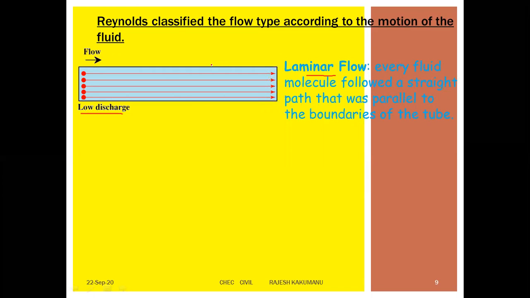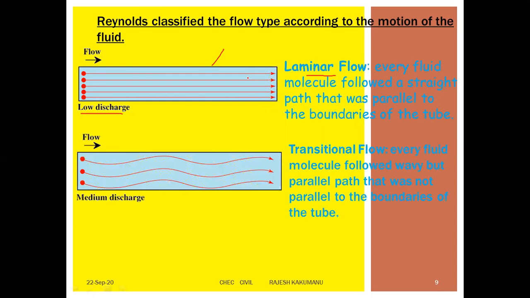So if we take this as a tube, the boundary layer tube, then every molecule of the dye, whatever dye you experimented with, is following a straight line path parallel to the boundary surface, then that is nothing but a laminar flow. Understood? Next, second one, whenever you are applying a medium discharge with some velocity, increasing the velocity in the dye pipe, then this is what we call transitional flow.